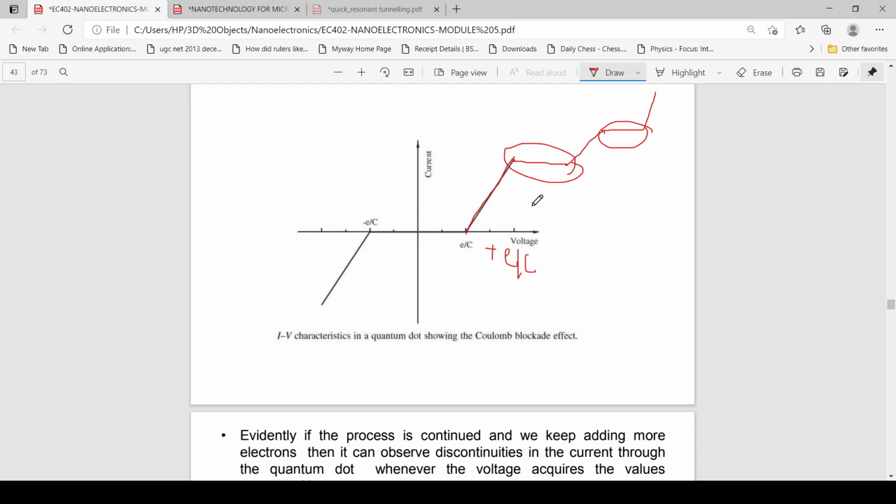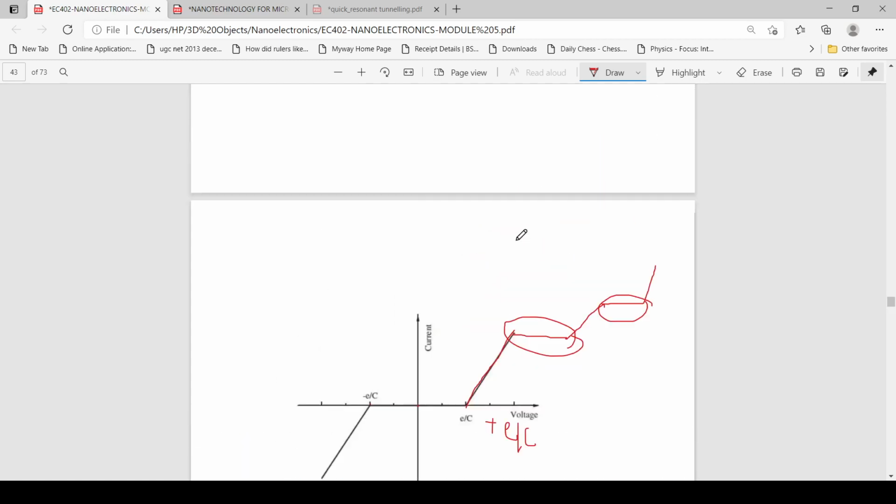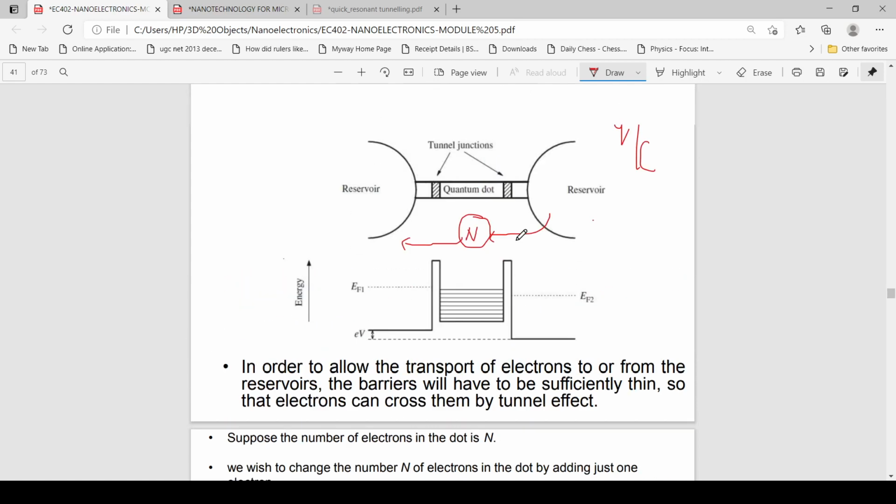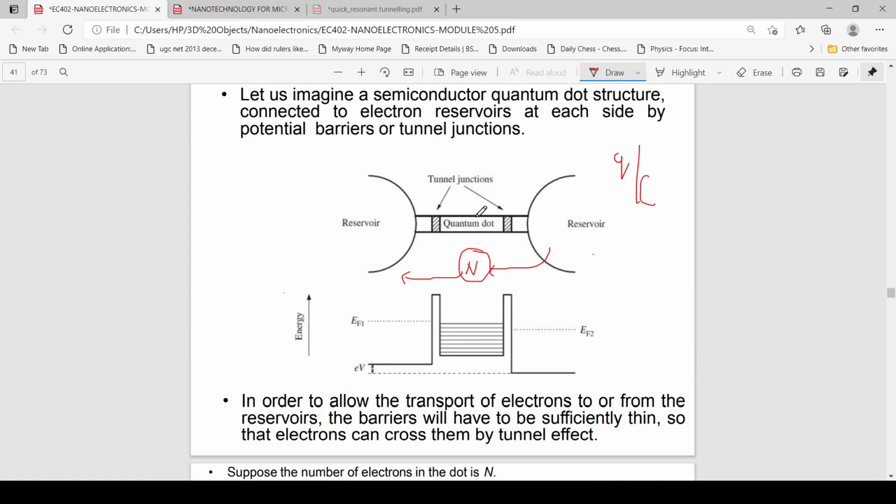This is the basic principle of Coulomb blockade, and we need to satisfy some more conditions to observe it. The capacitance of this quantum dot must be very much less than Q square by KT.